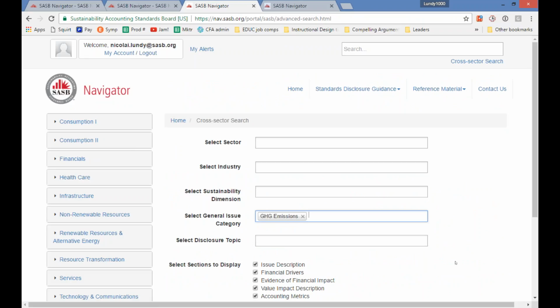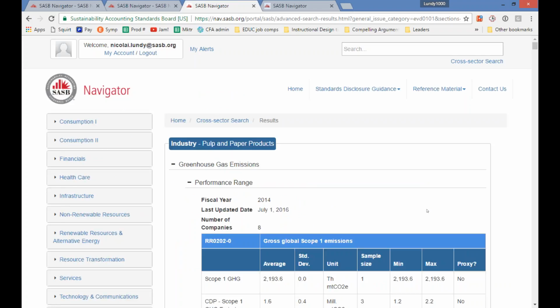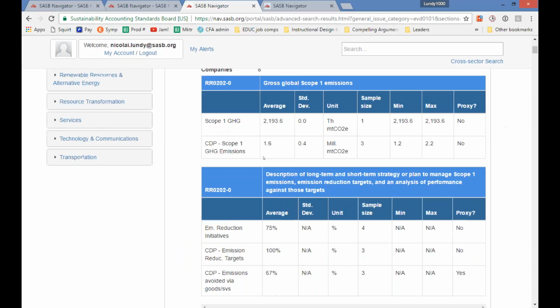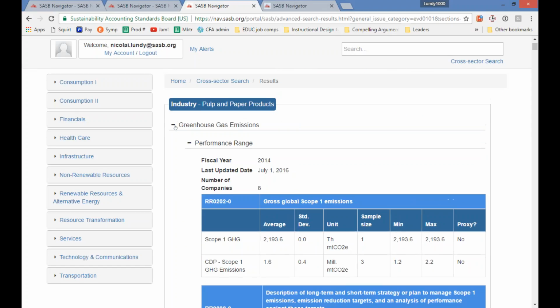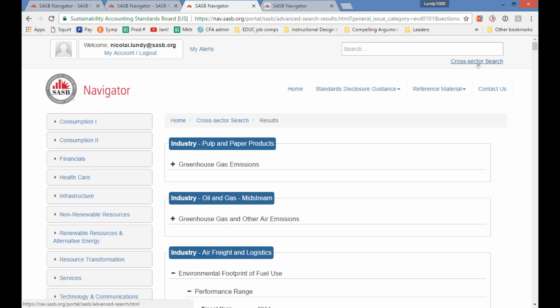So we were just looking at greenhouse gas emissions in the electric utilities industry. Well, let's take a look at how that performance varies across all of the industries where greenhouse gas emissions was identified as material. In this case, you can see industry by industry what the range of performances are, and you can just see that it pops up in multiple industries. You can scroll down and take a look and compare.